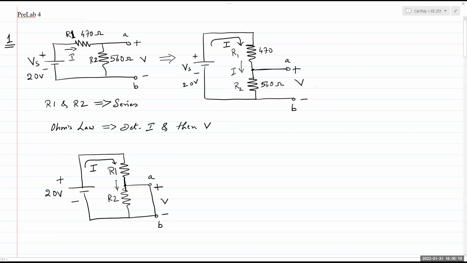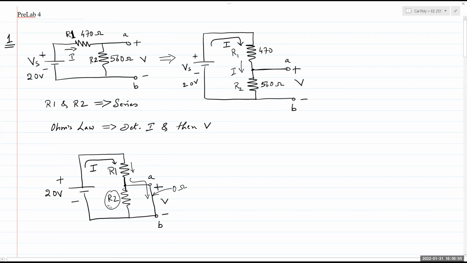All right. Now, we are told to place a short between the terminals A and B. What does that do? Well, when you place a short across any component, that component is effectively removed from the circuit. So if you think about it, when I comes through R1, if this short has 0 ohm resistance, it doesn't matter what value R2 has, even if it's just 1 ohm, all of the current is going to go down this short path.